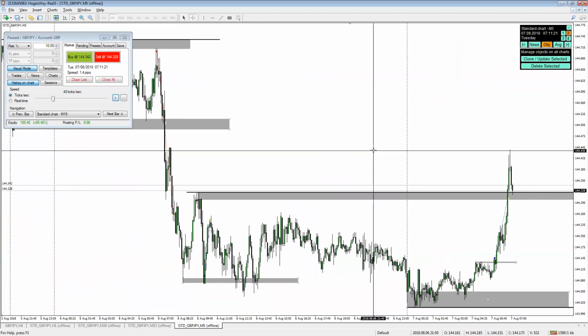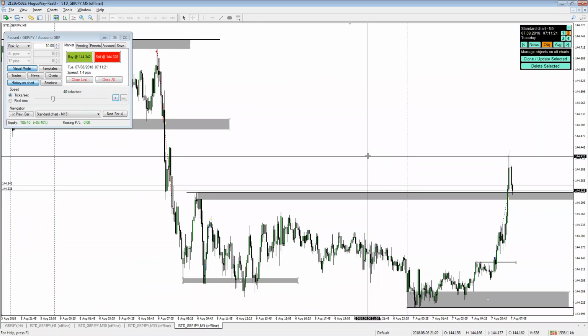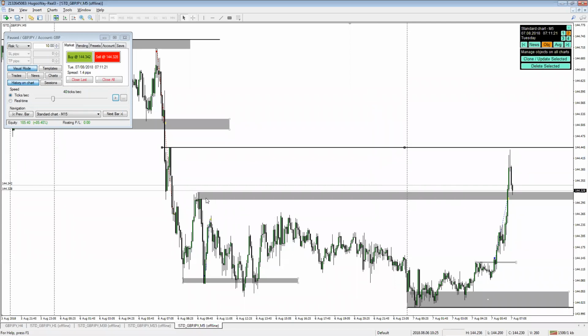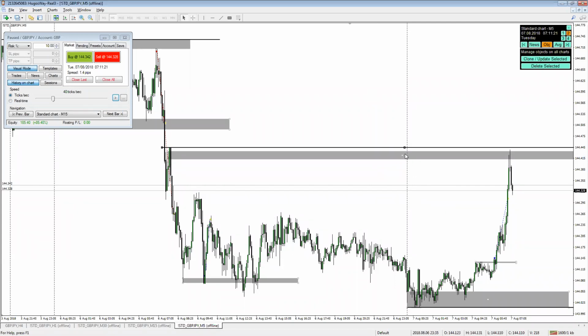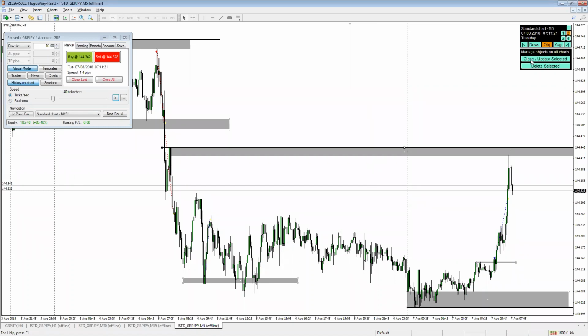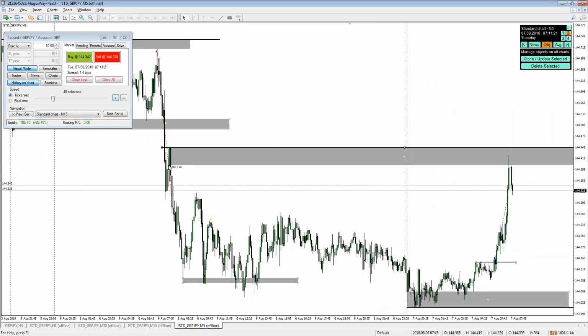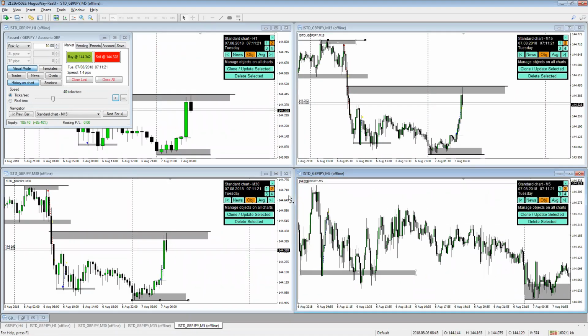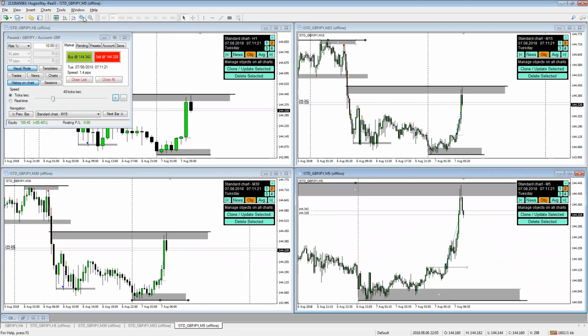Where is this candle at? Yeah, I think this candle is going to go back down.